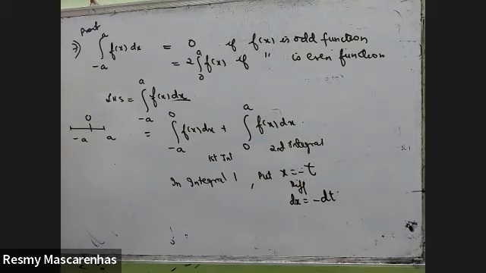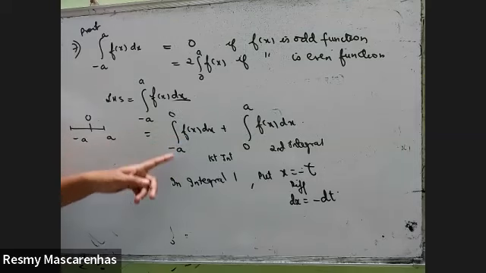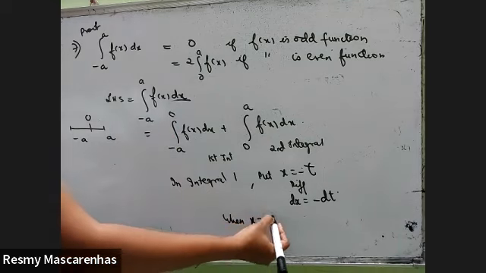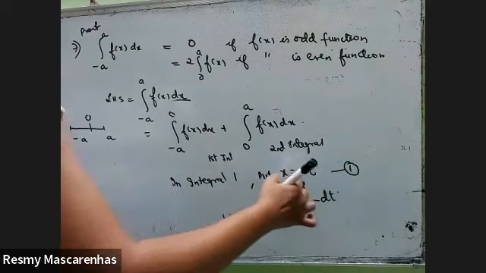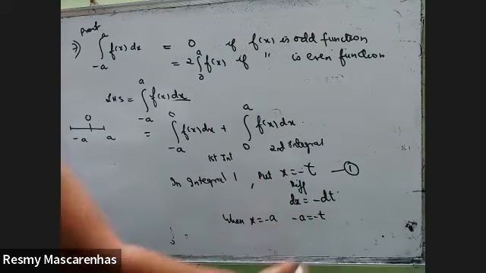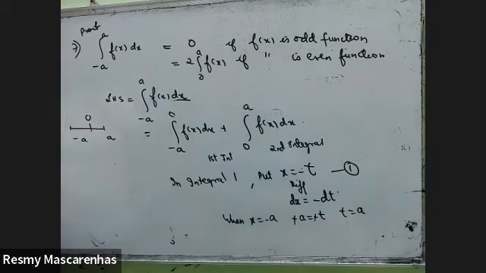And you have to change the limits also now. Because when you write the integral back in terms of t, these limits are for x, but you have to find the limits for t. When x is equal to minus a, put x equals minus a and check. So t will be equal to a.